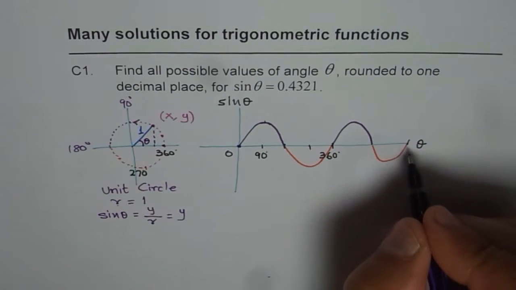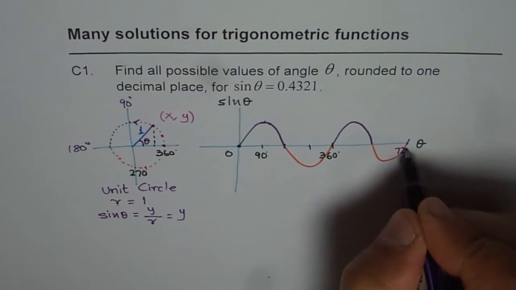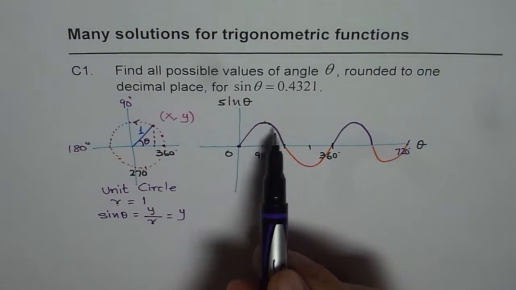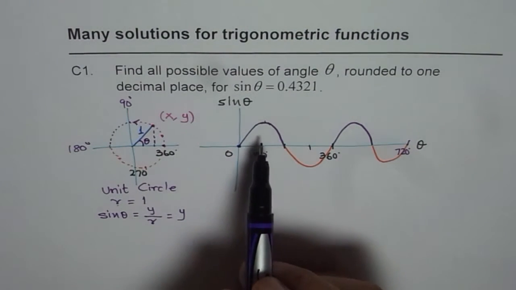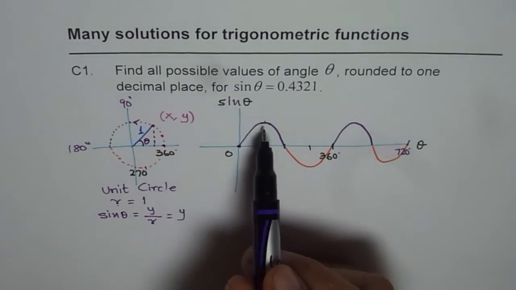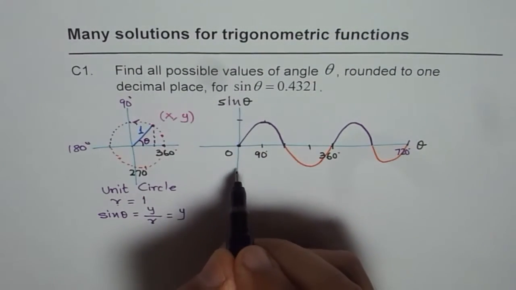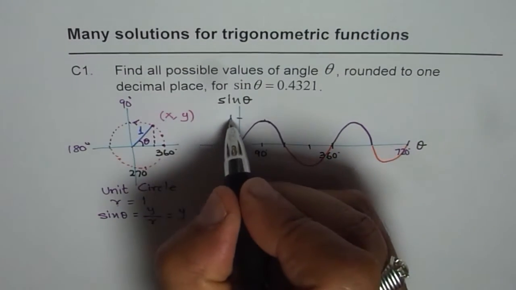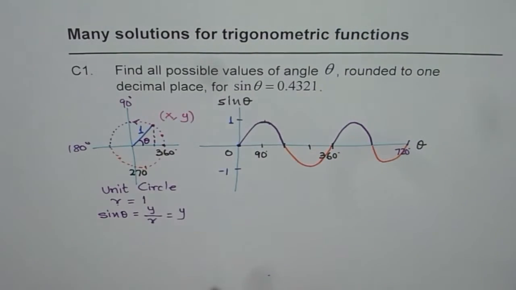At the end of the cycle, it will be 720 degrees. So as you can see, theta increases, but the sine value changes between positive 1 and negative 1, correct? So that is the limit for our sine function, positive 1 and negative 1.